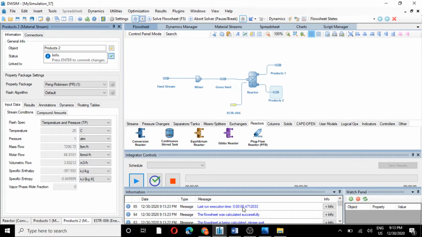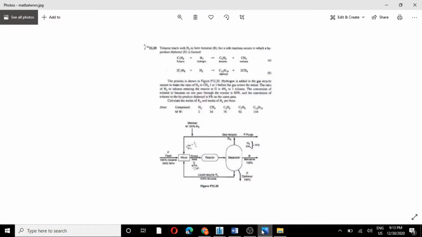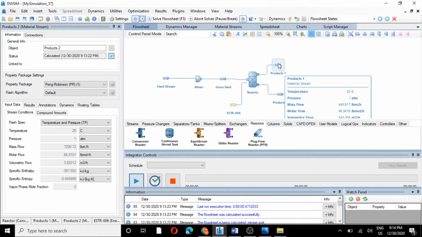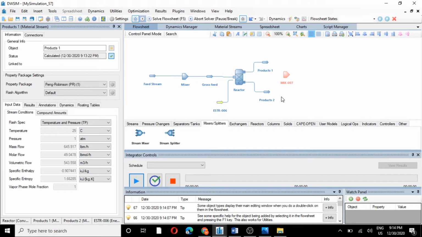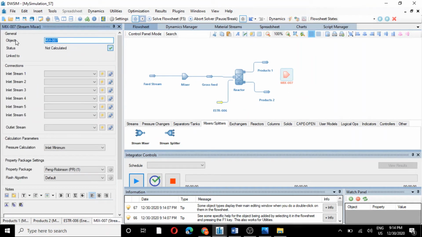Since in the problem both products go into the separator, we're going to mix both products, and for that we're going to use again a mixer. So I'll name this mixer 2, and for the inlet streams, we have products 1, products 2, then the outlet stream.